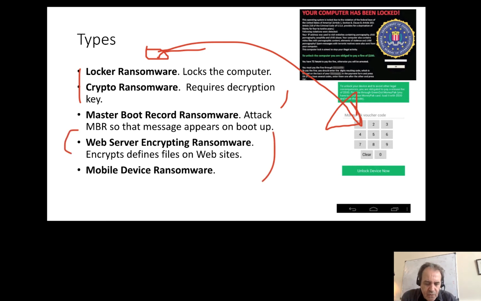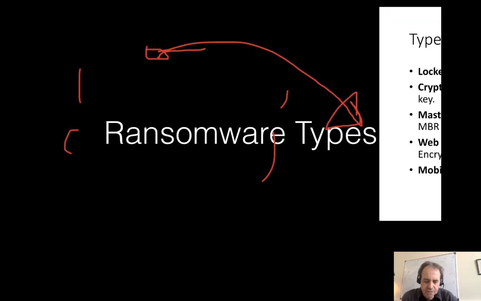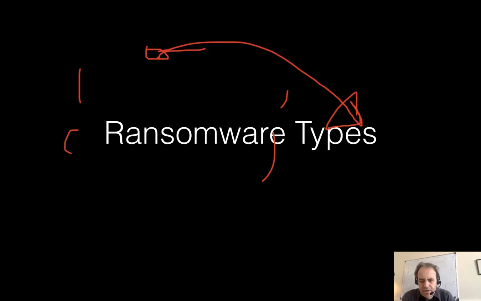Increasingly, we're also seeing web server encryption, where the ransomware can jump onto the web server and encrypt certain key files, and there is a large increase in the number of mobile device ransomware families around.